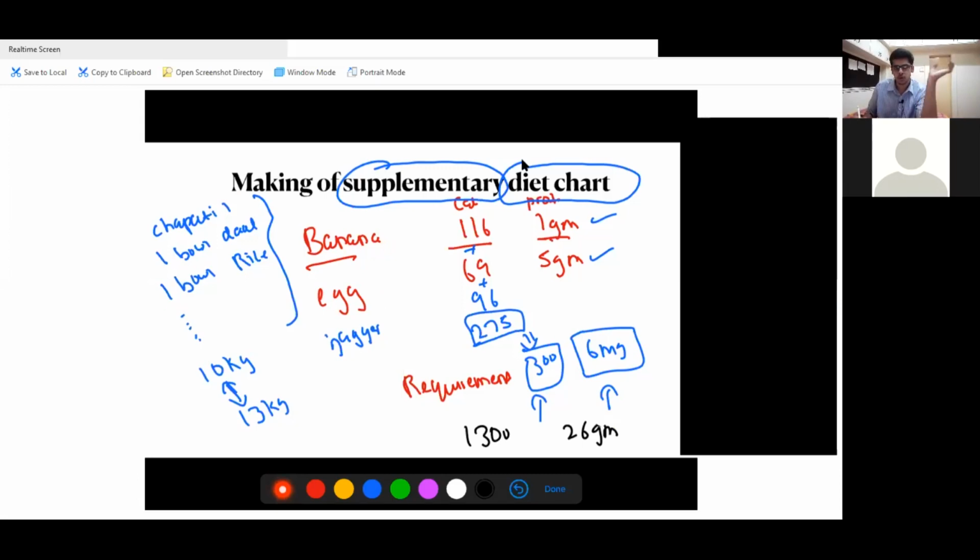But if you take his own diet and just add your banana, egg, and jaggery, within 3 months, you have to go for 13 kilo. And in the next 3 months, go for the remaining 3 kilo, that is 16 kilo. So in this way, you have to progress and always call this a supplementary diet chart, which is so simple to make once you have this chart.